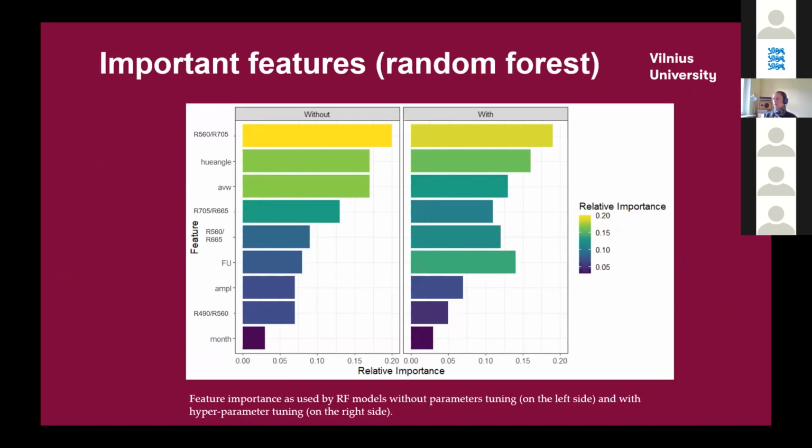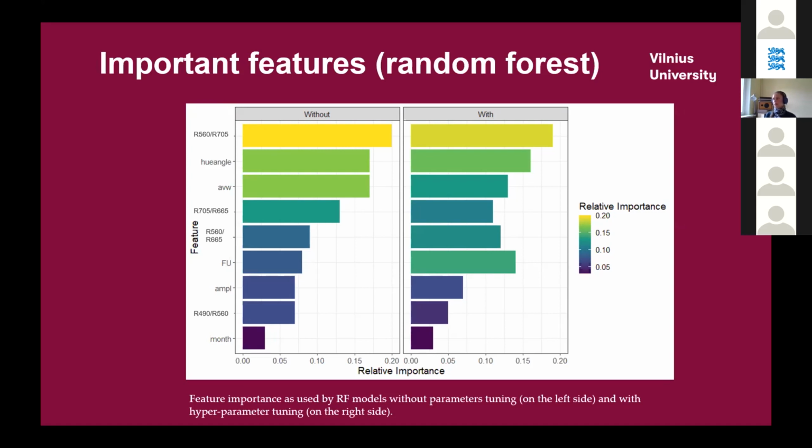When we use random forest, we can check which features were most often used in the algorithm. Here you can see that the most important feature was the band ratio of the green and red edge bands.